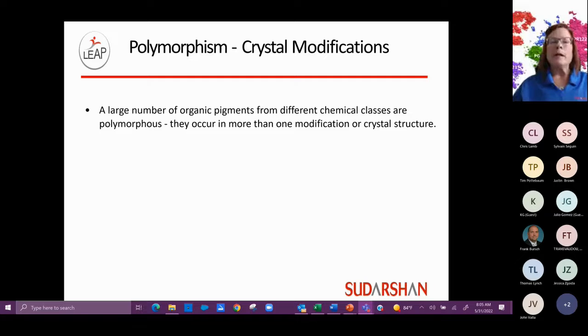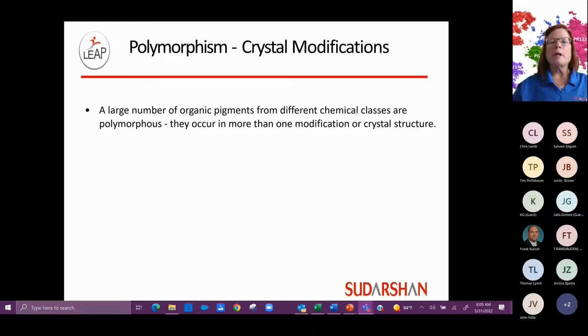In the first part of the CPC discussion, we talked about polymorphism, or crystal modifications. I mentioned that there are a large number of organic pigments from different classes that have polymorphic properties, in which they are apparent in more than one modification or crystal structure.